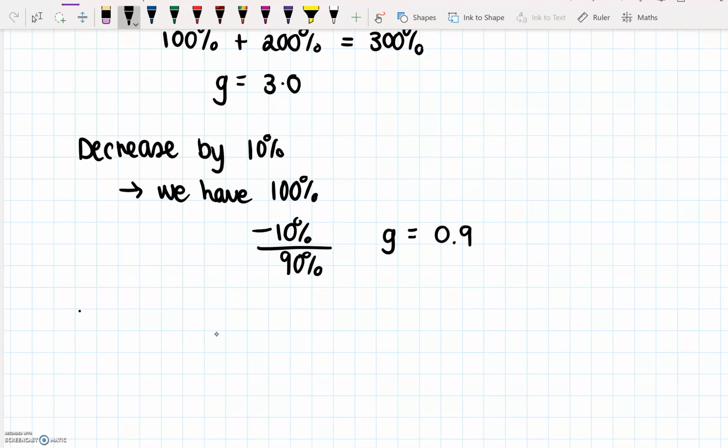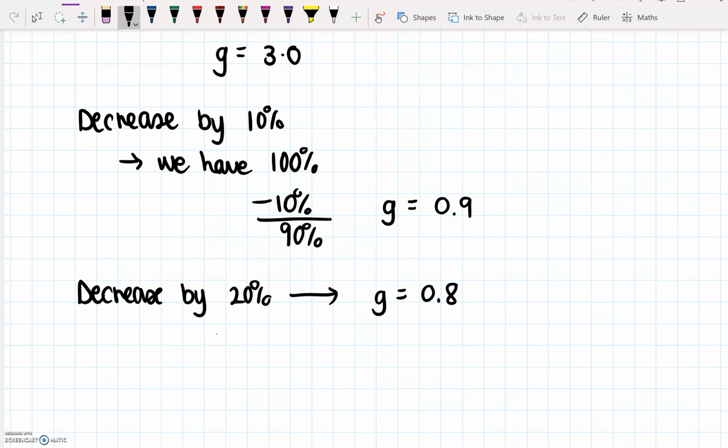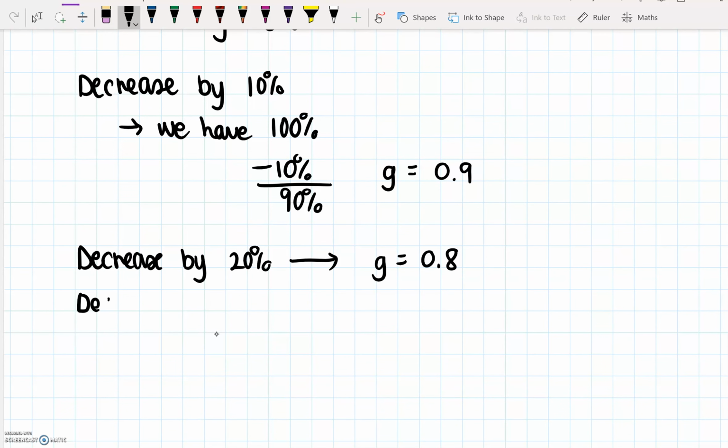Okay, so if we decrease by 20%, then G is going to be equal to 0.8. If we decrease by, say, 5%, then G is going to be equal to 0.95, because that's just 1 minus, or 100% minus 5%.